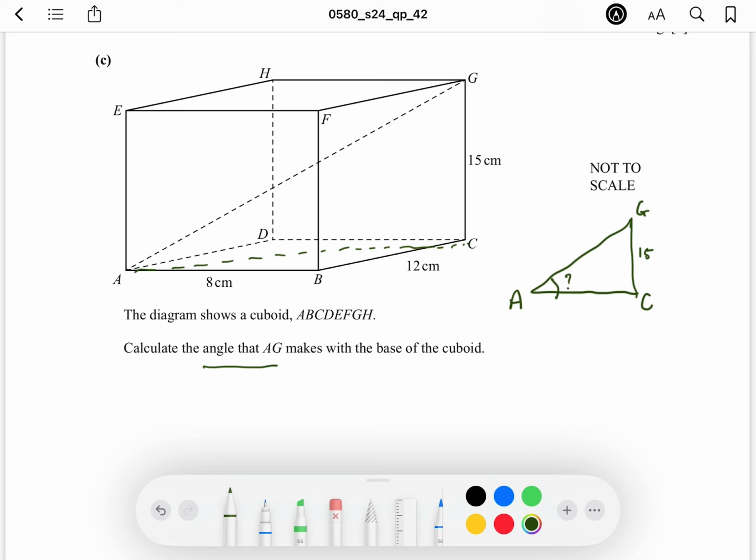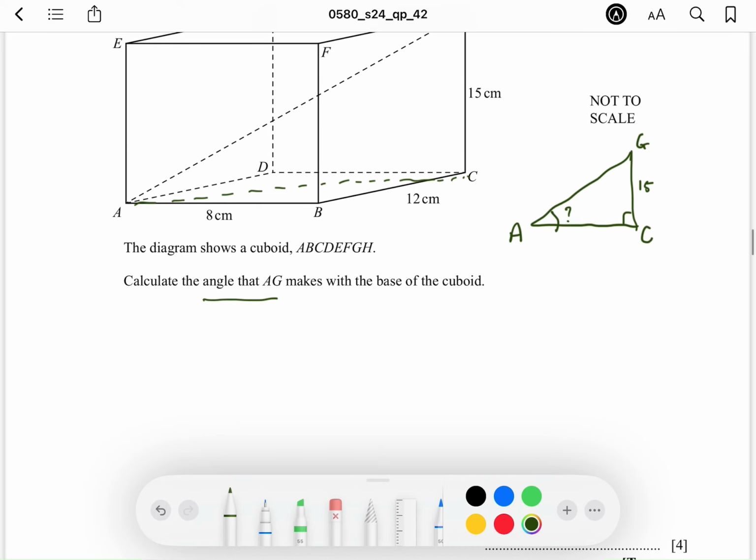Where? ACG. That's a 90 degrees, because it's vertical. Okay? 8 and 12 masukin dari sini. Dah. However, untuk mencari this angle here, so this is a right angle triangle problem.